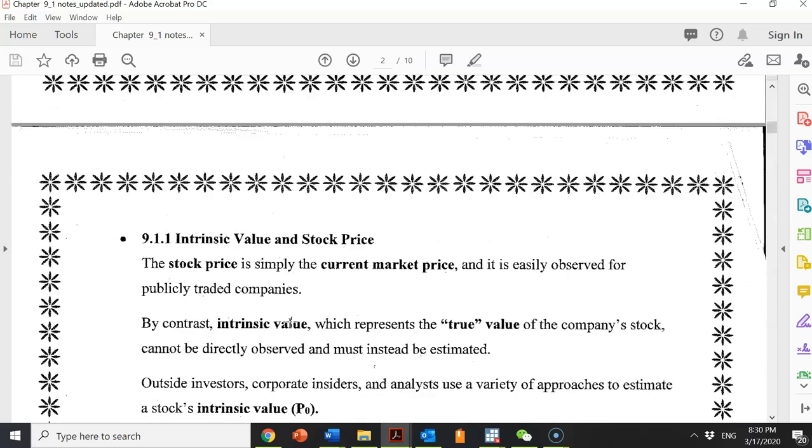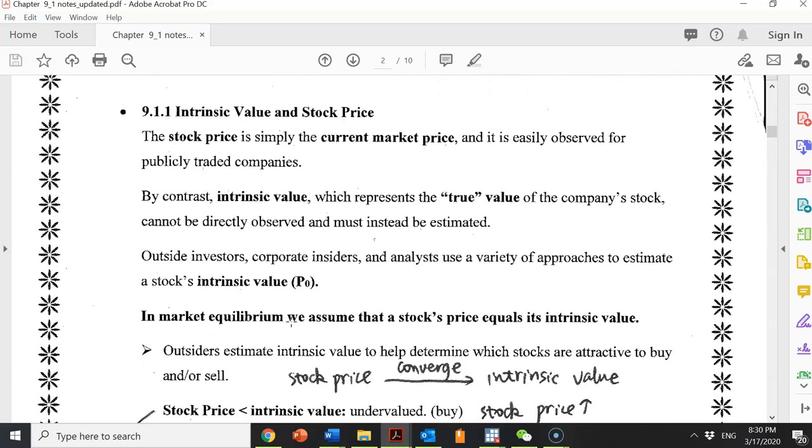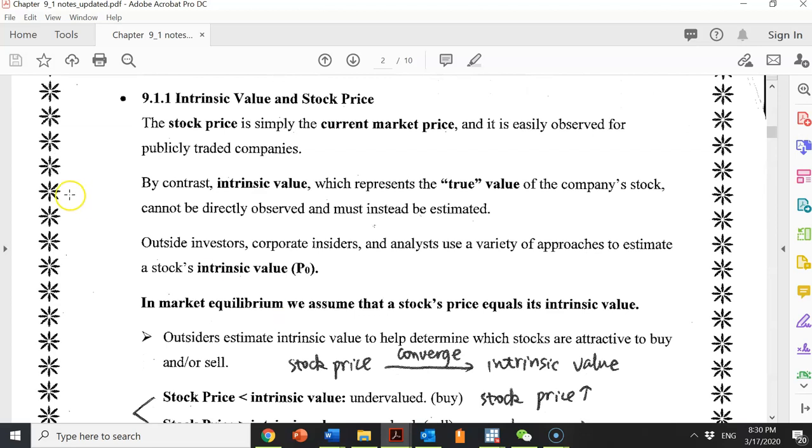So let's first take a look at what is intrinsic value and stock price. The stock price is simply the current market price, and it is easily observed for publicly traded companies. So when you go to Google Finance or Yahoo Finance, the stock price of Apple stock or the stock price of Twitter is the current market price.